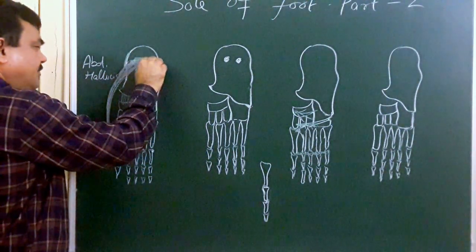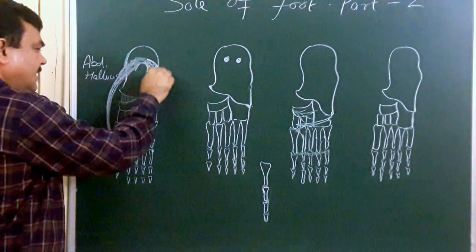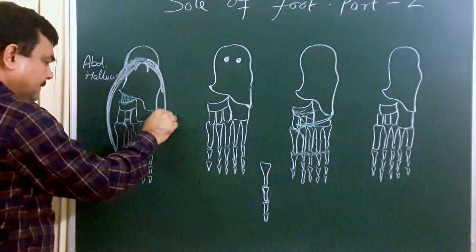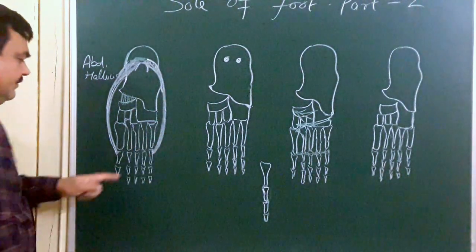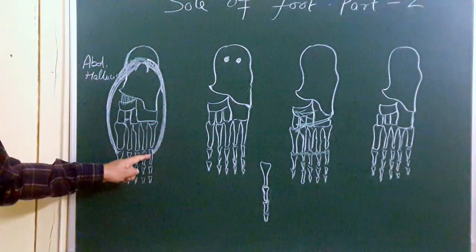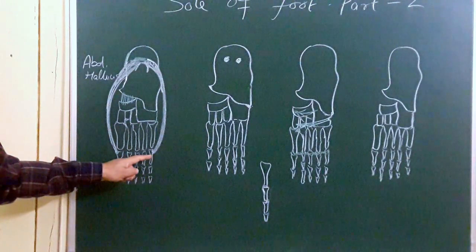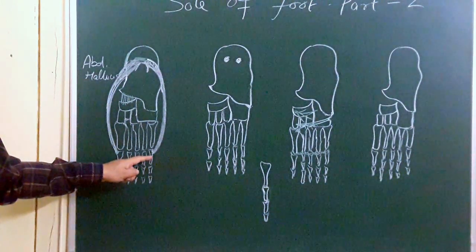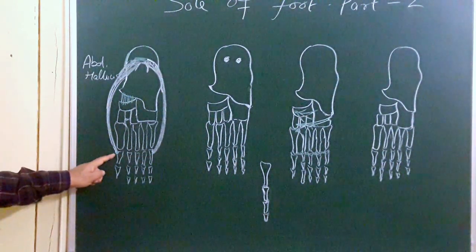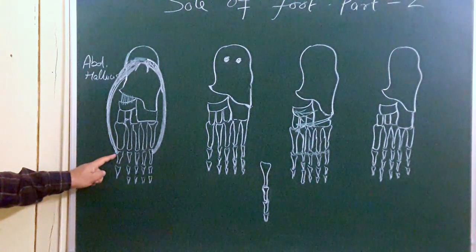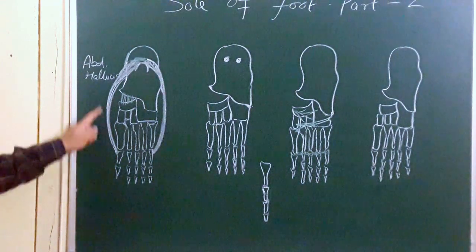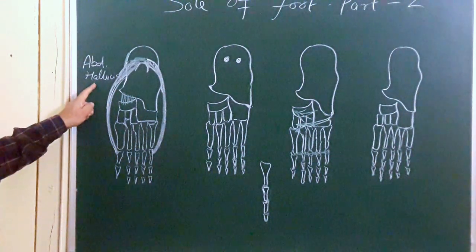So it takes origin from all these points and is inserted here. This is the base of the proximal phalanx of the little toe. Here is the base of the proximal phalanx of the big toe. So this muscle is abductor hallucis.